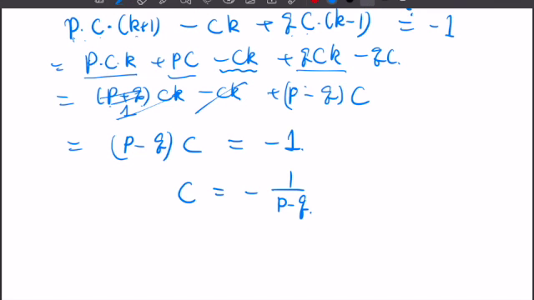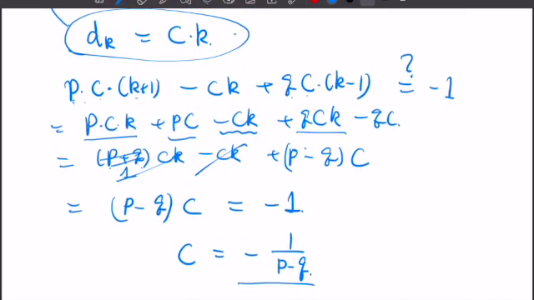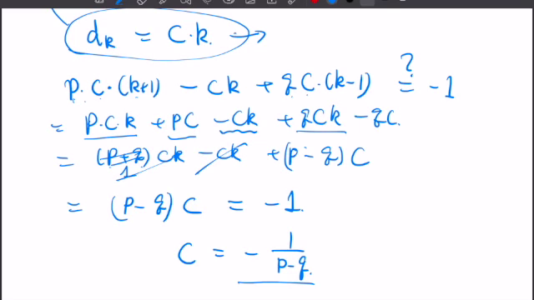Now that we have this constant, the particular solution is this. Let's change this to 1 over q minus p.